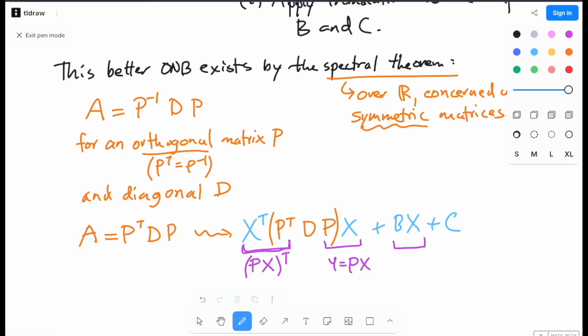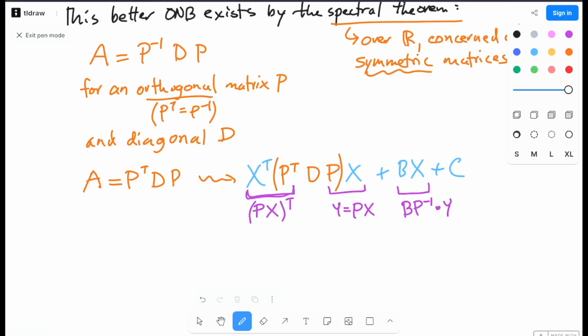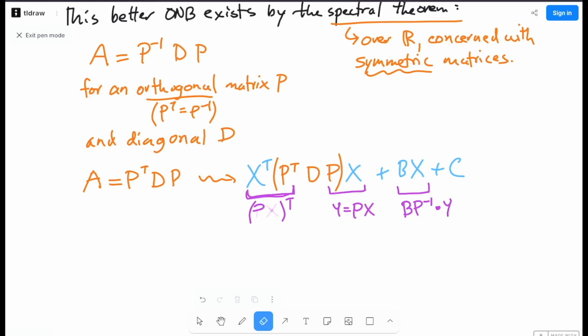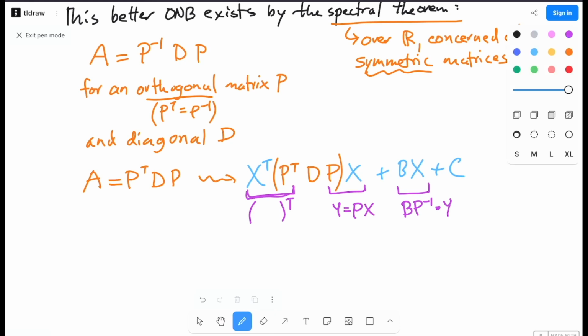And so then we can rewrite, since P is invertible, this is equal to B P inverse times Y. Thus writing everything in terms of Y, and doing so in such a way that we've eliminated the off-diagonal terms of this matrix A. I didn't write down what I wanted to emphasize here, which is that this is Y transpose.